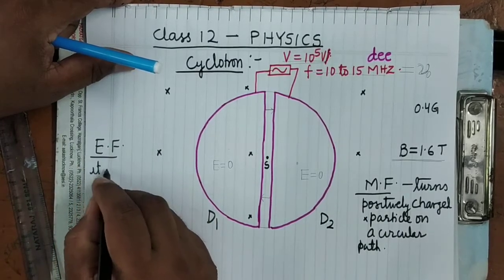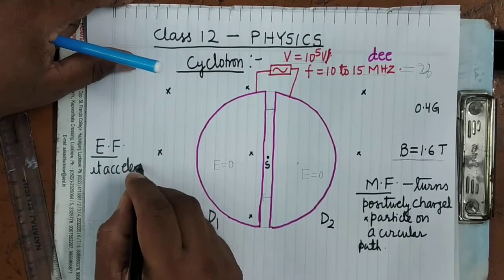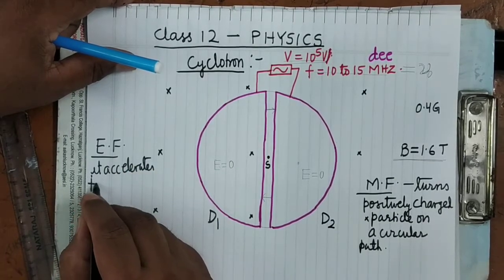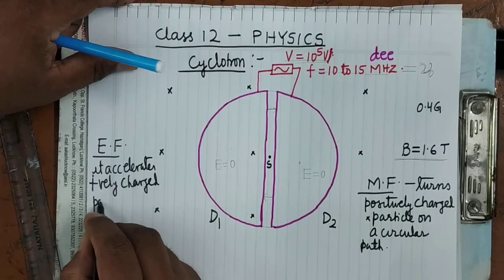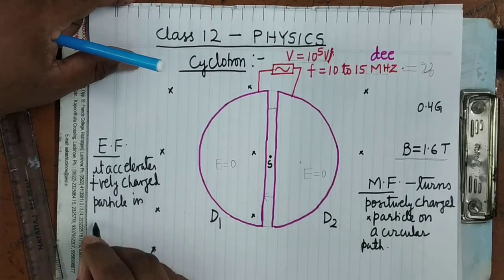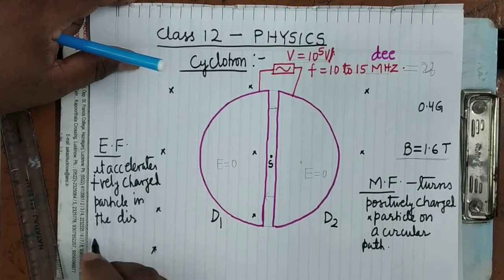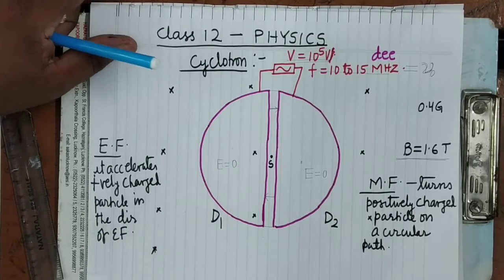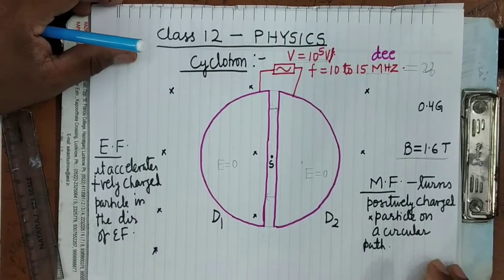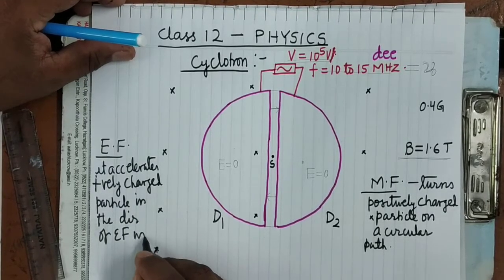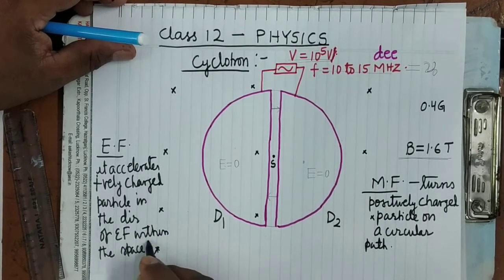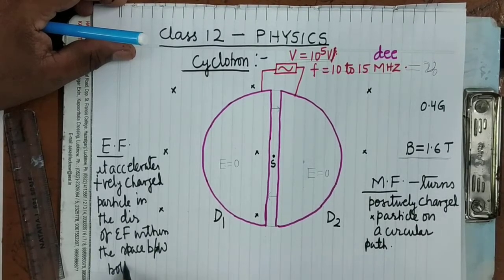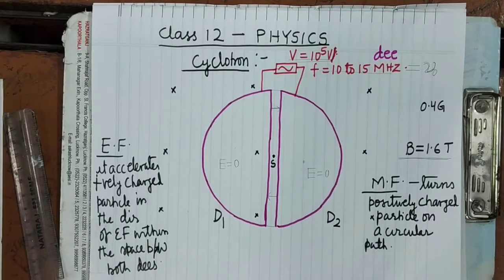It accelerates the positively charged particle in the direction of electric field, within the space between both D's, not inside the D. So see here, what will happen?